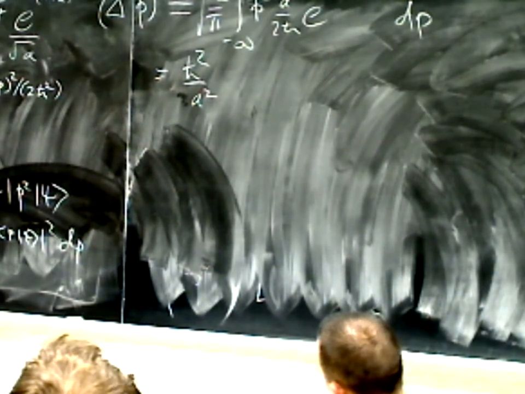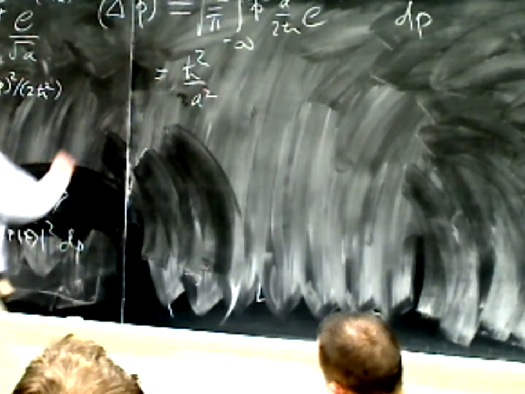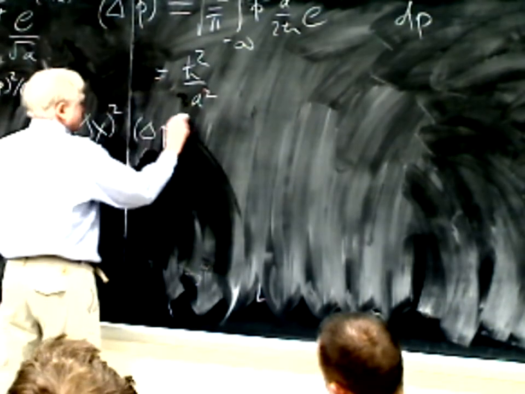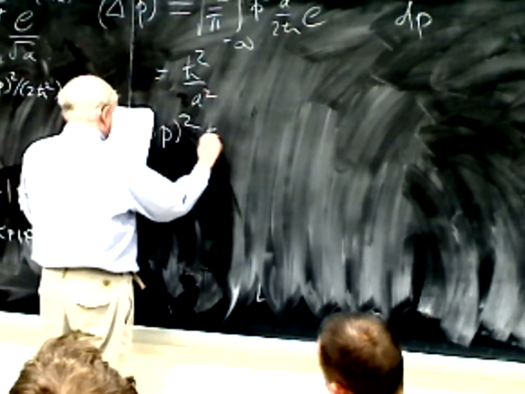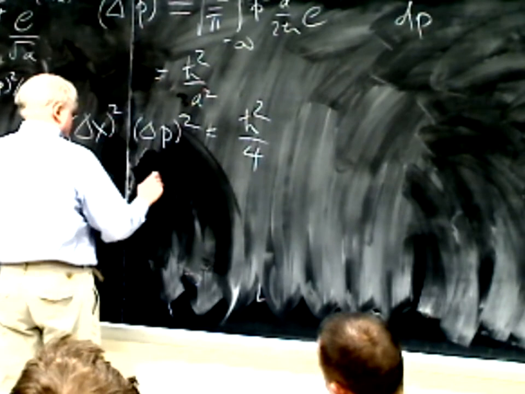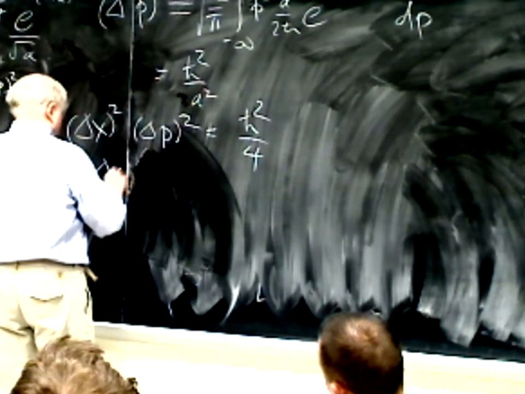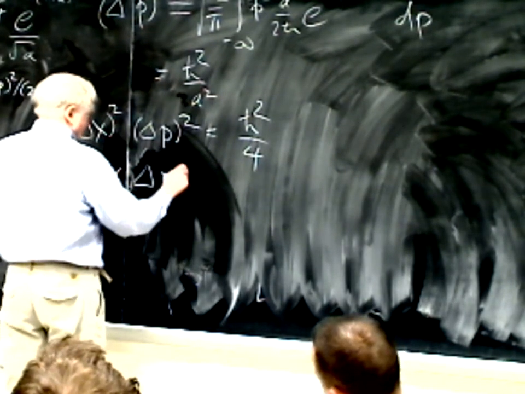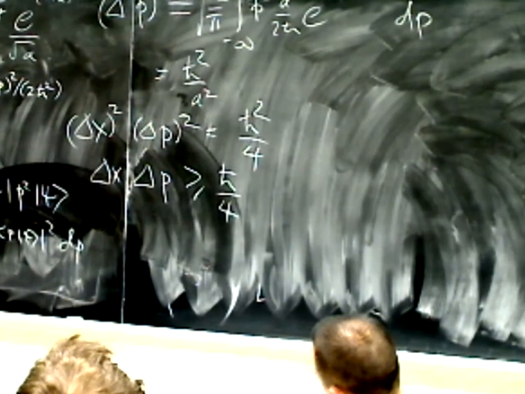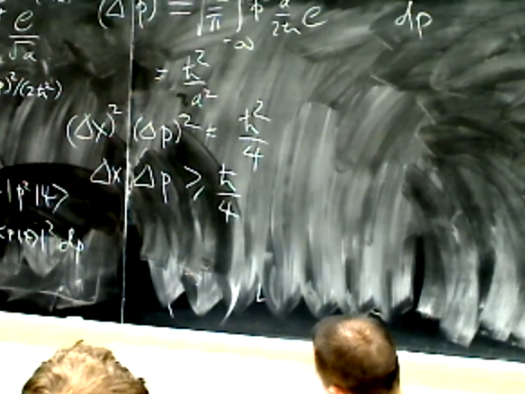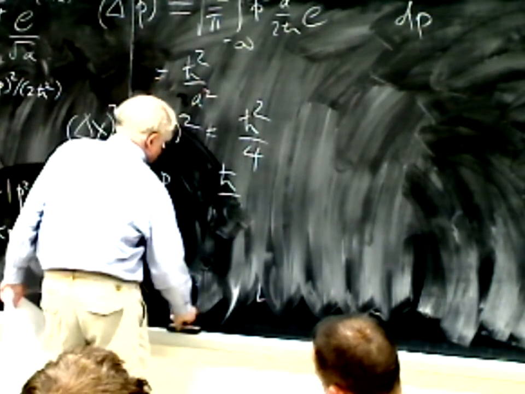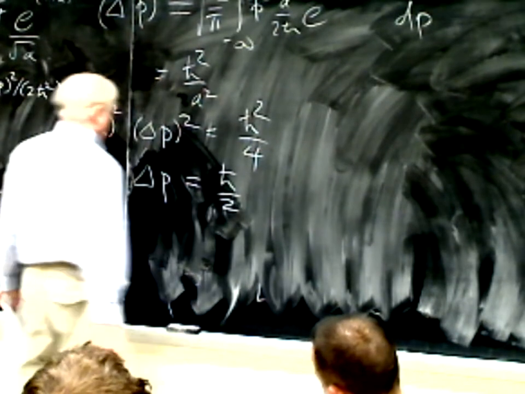And what this gives us then is that delta x squared, delta p squared, in this case is equal to h bar squared over 4, and that's an example of the Heisenberg uncertainty principle, delta x delta p greater than or equal to h bar over 4. Sorry, h bar over 2. So in other words, this is equal to h bar over 2.